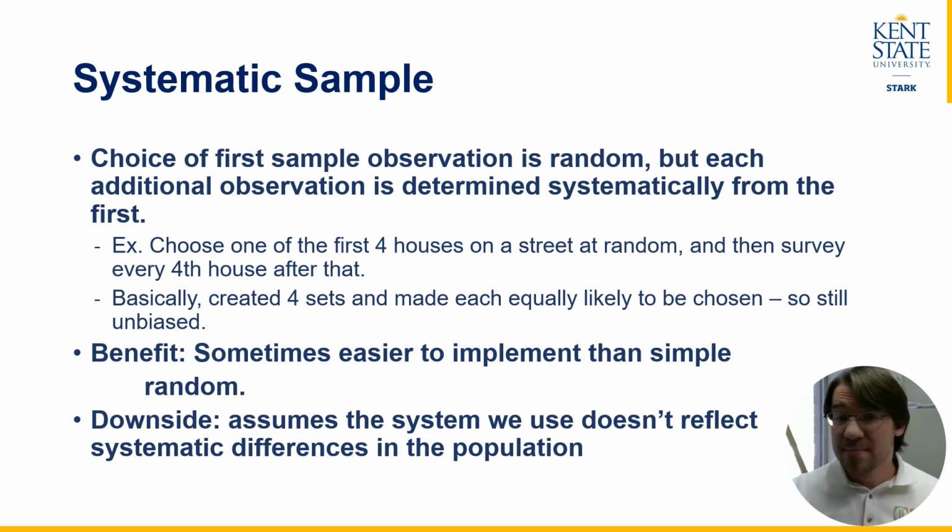For example, maybe every 4th house in a particular neighborhood has an attic, while all the others don't. This is possible, depending on the choices made by the developer that built the neighborhood. So in that case, we've accidentally introduced a bias in our sample if attic havers are different from attic not havers along whatever lines we're measuring. Now, this downside may not occur very often, but it is important to keep in mind as a possibility.